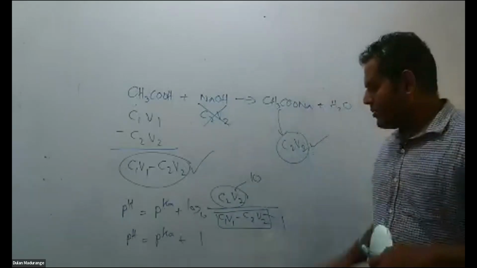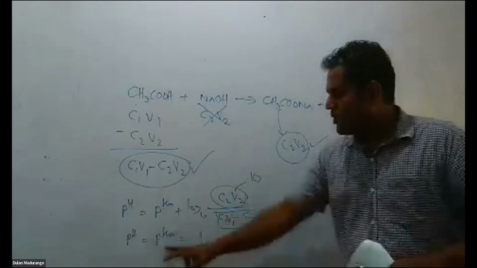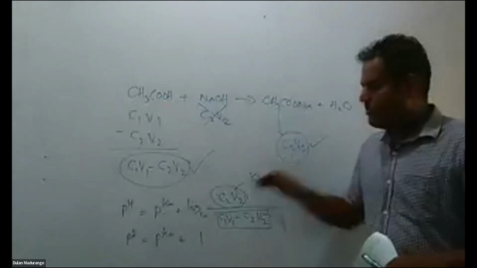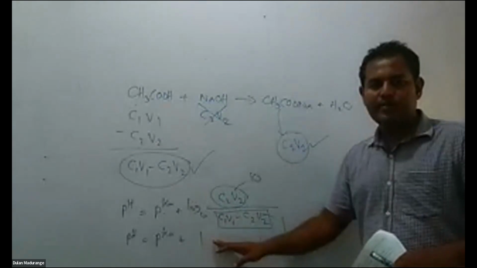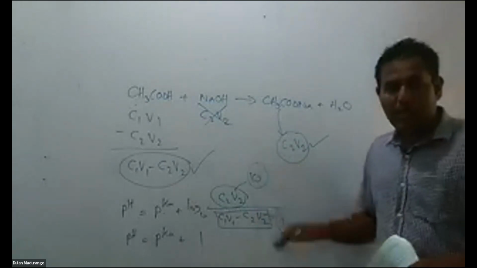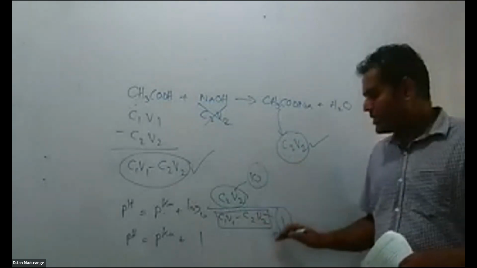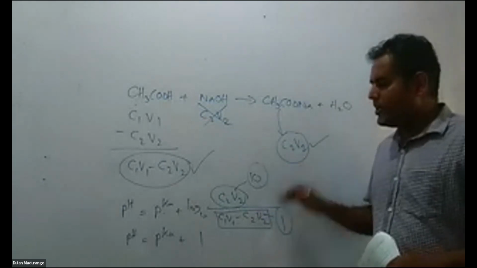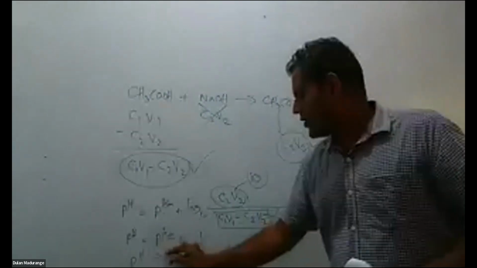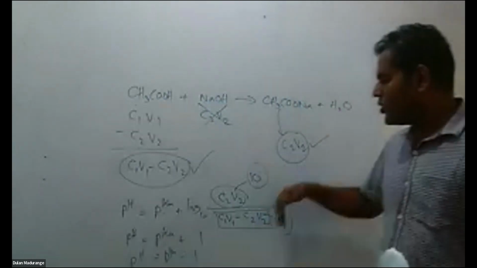So here it says pH equals pKa plus 1. So for plus 1, when this is 1, the other becomes 10, because log 10 is 1. So what we have to consider is that the ratio C2V2 over C1V1 minus C2V2 is 10. But to get pH equal to pKa minus 1, you should get the inverse of this.